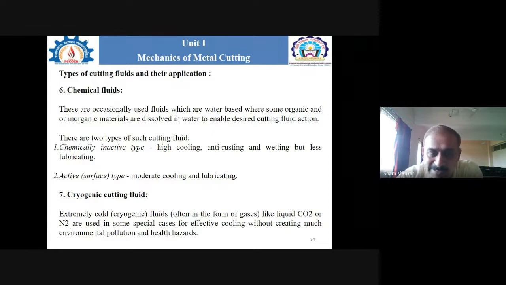And while selecting, not only on the basis of minimum cost, but also whether the cutting fluid we select is able to work on the different factors we consider. So cost is again one of the important factors while selecting the cutting fluids.